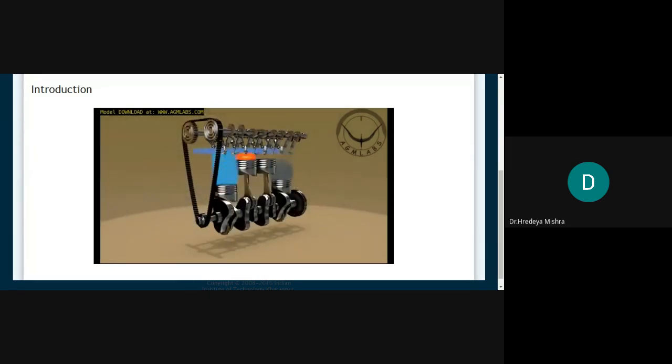Generally engines have two or more cylinders acting in concert with each other to produce the engine power.